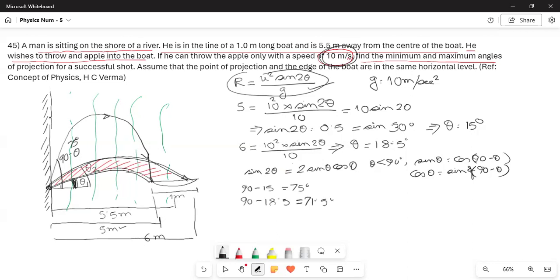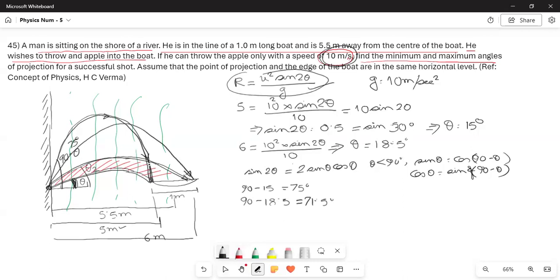That means this is the 75 degree projectile, where the ball falls on the boat, and this is the 71.5 degree projectile, where the ball also falls on the boat.